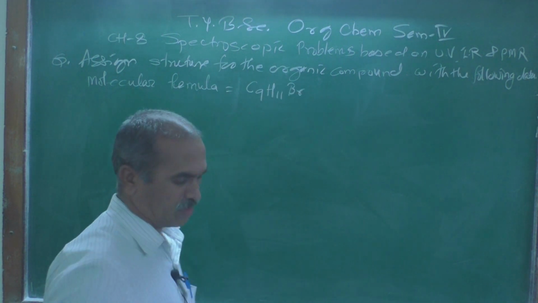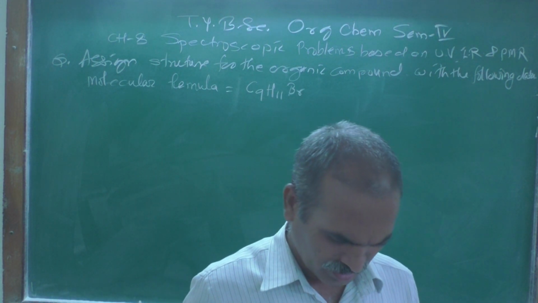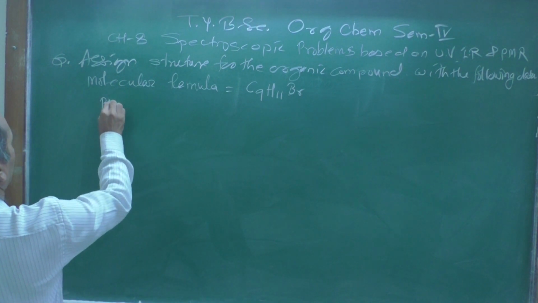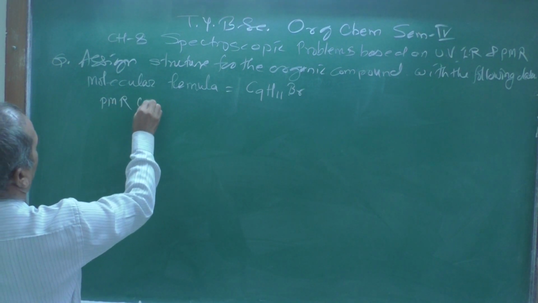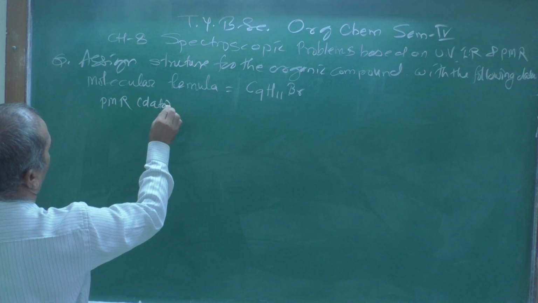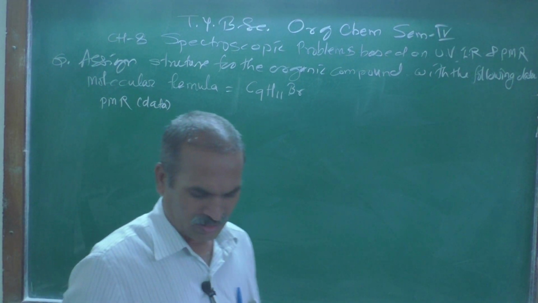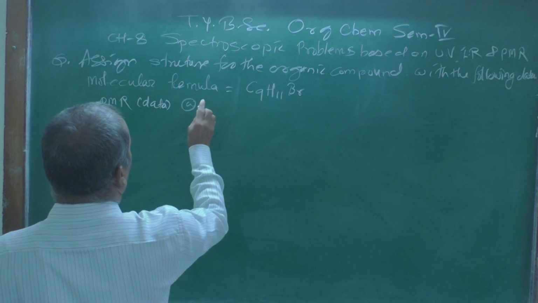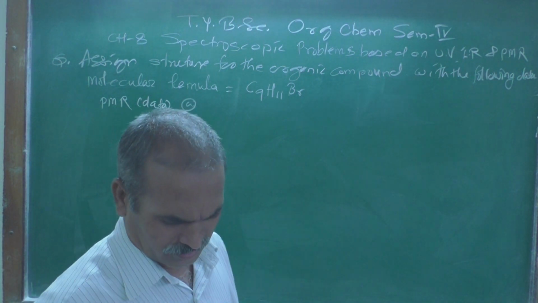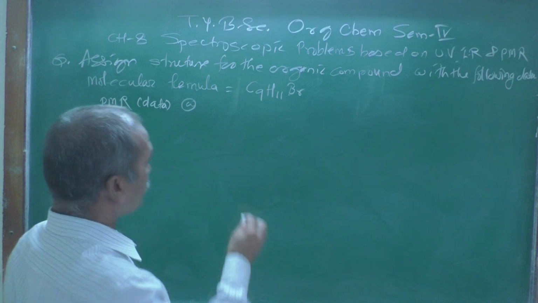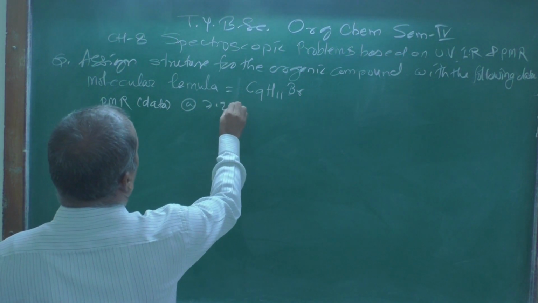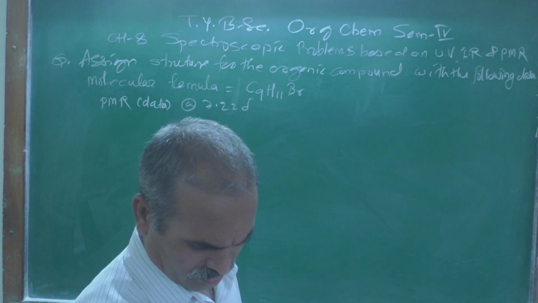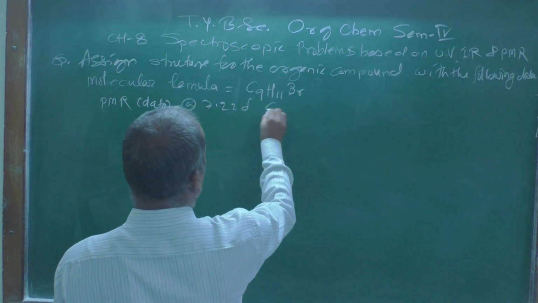Now the PMR data is provided over here. A is 7.22 delta, singlet, 5H.